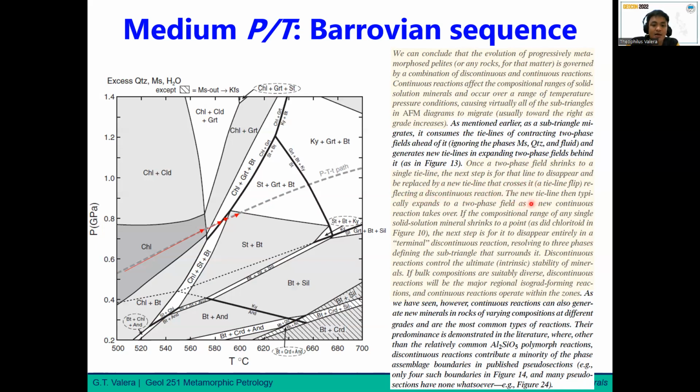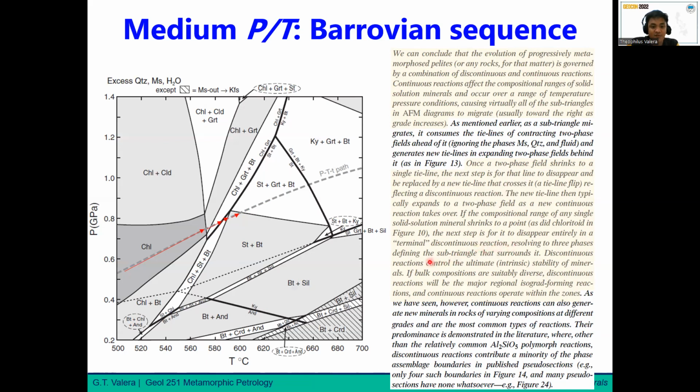So the new tie line then typically expands to a new two-phase field as a new continuous reaction takes over. If the compositional range of any single solid solution mineral shrinks to a point, the next step is for that mineral to completely disappear. Ito na yung terminal discontinuous reaction. So, dun lang pinapakita yung upper limit ng stability ng particular mineral.